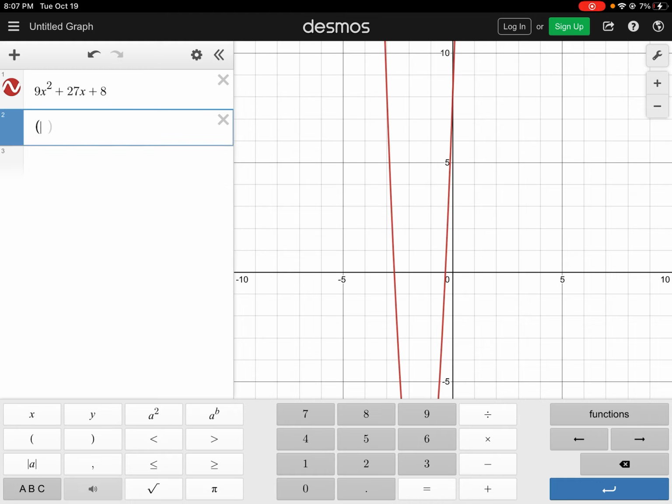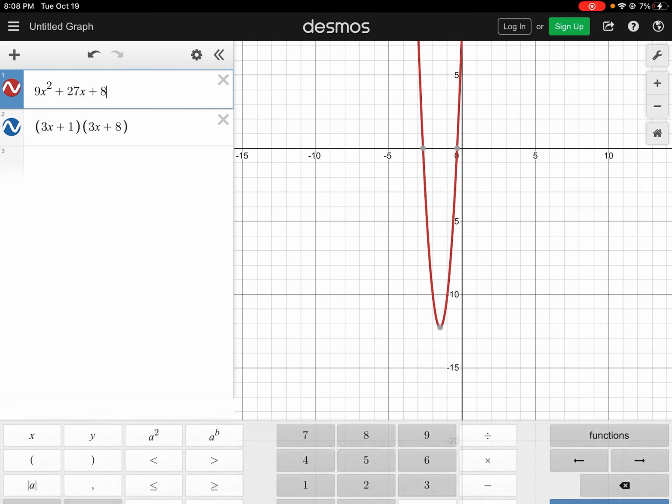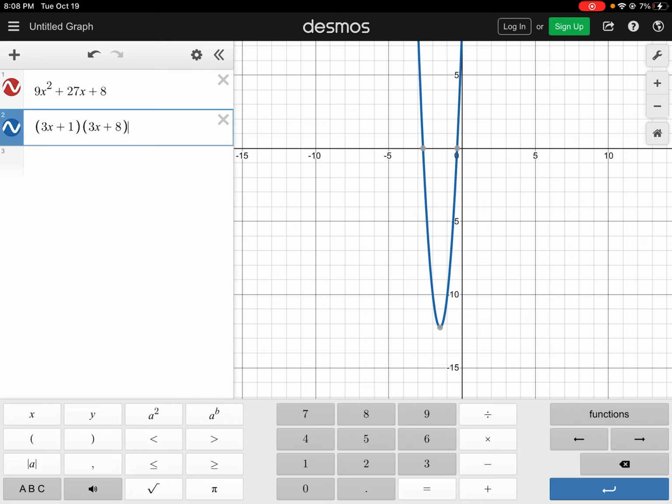And we figured it out to be 3x plus 1 and 3x plus 8. Now you can't see the full U shape, so you might want to zoom out a little. The keyboard covers it up. Original is in red. My answer is in blue. They match up exactly. I did it right. So please check these in Desmos. Do not try to do these without checking them in Desmos.